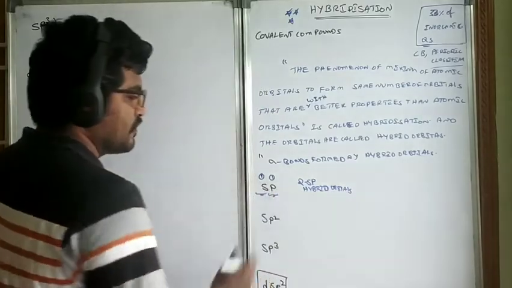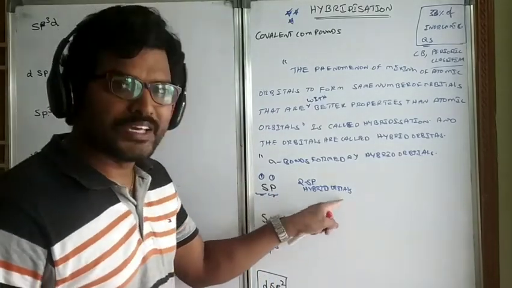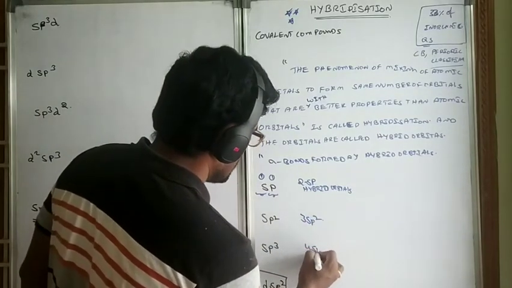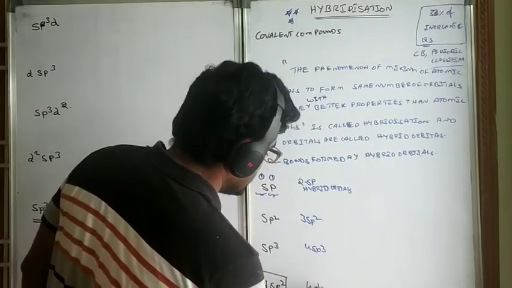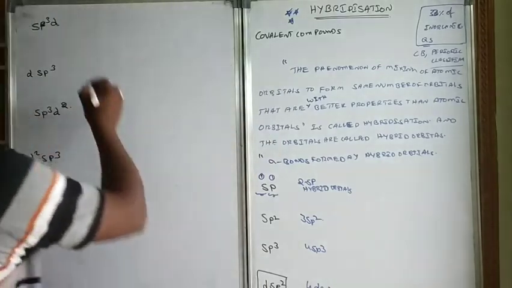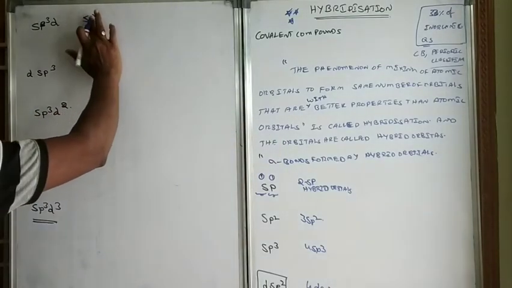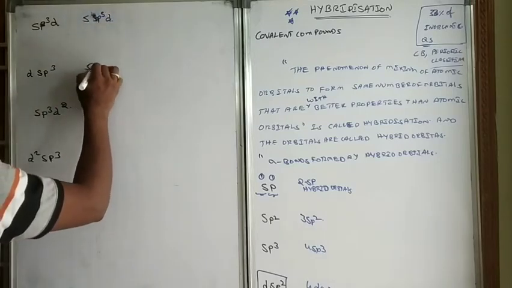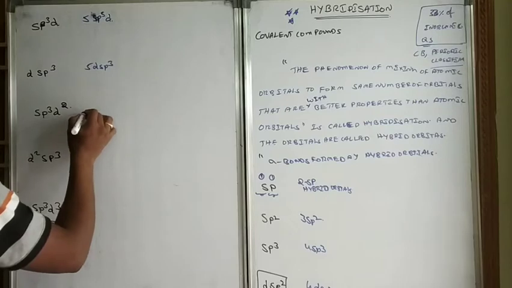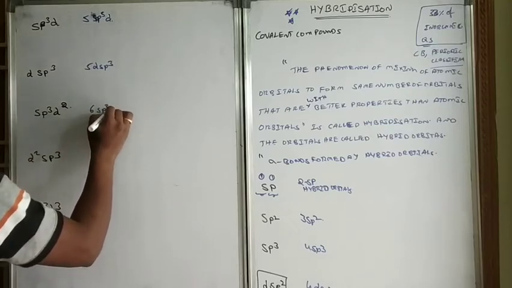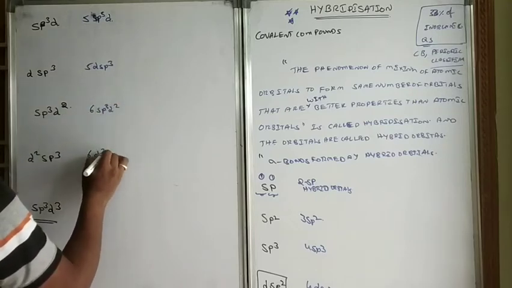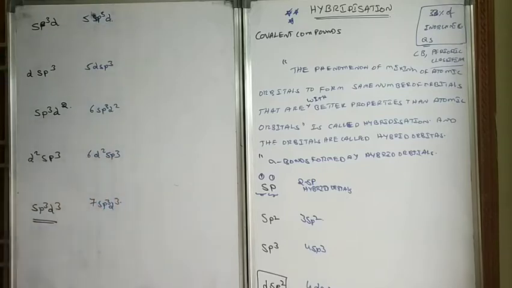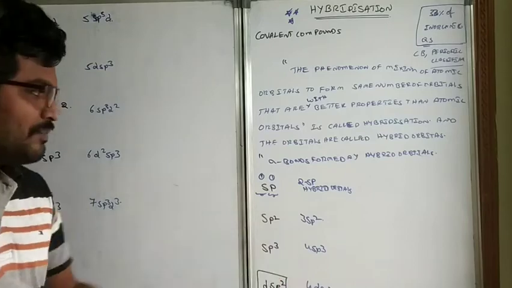Here sp2 will produce 3, sp3 produces 4, dsp2 produces 4, sp3d produces 5, dsp3 produces 5, sp3d2 produces 6, d2sp3 produces 6, and sp3d3 produces 7. These are the hybrid orbitals.